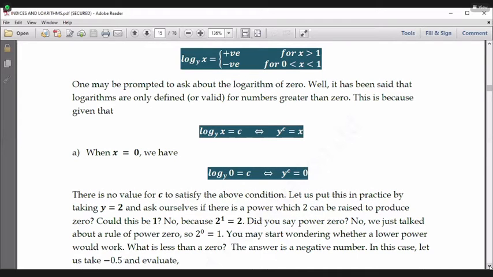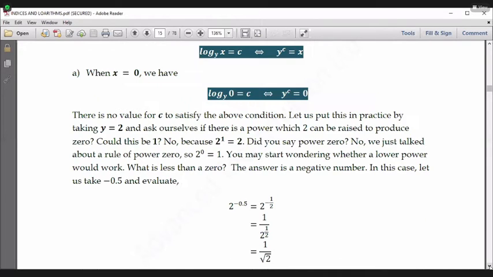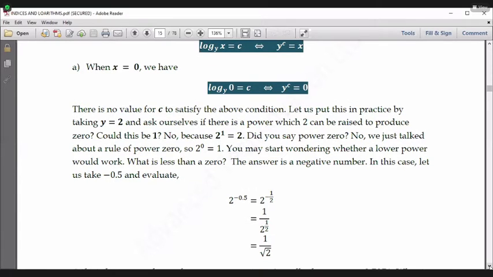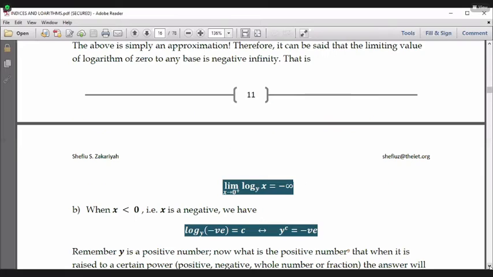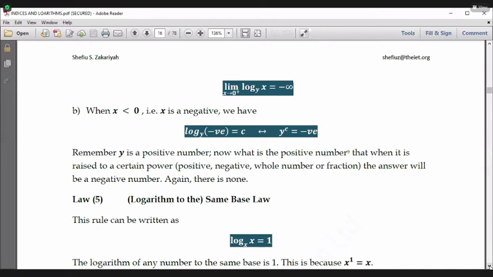So we want to derive this other part. Logarithm to the same base. The limits are not for our level, that's why you see me skipping them.